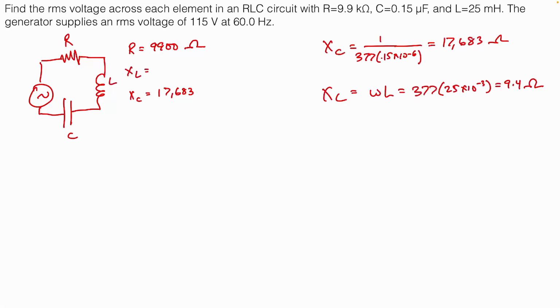Which, okay, brings up something interesting. Let's just stop right here before we go on with the rest of the problem. How much is this inductor influencing this circuit, do you think? Not much. And what leads you to that conclusion? The effective resistance of this inductor is so low compared to the other things in the circuit that it's really not doing anything.